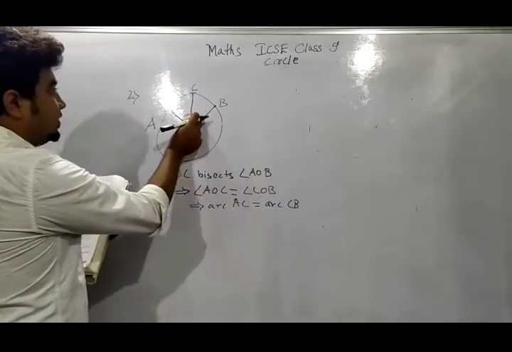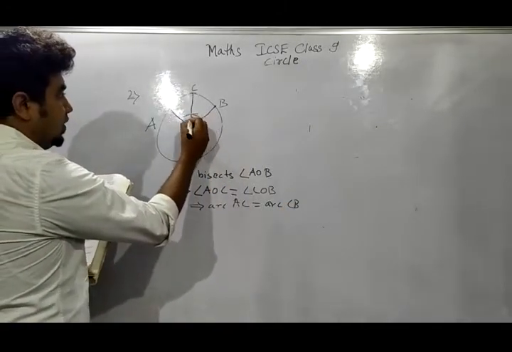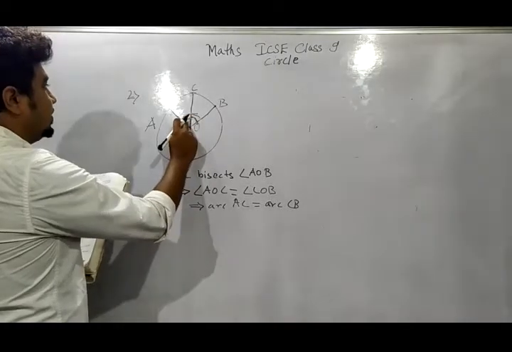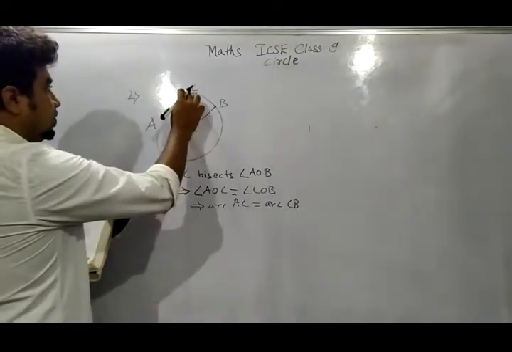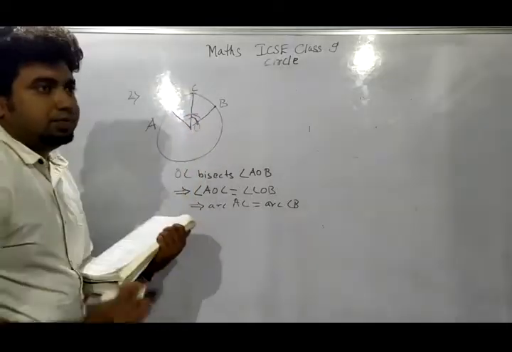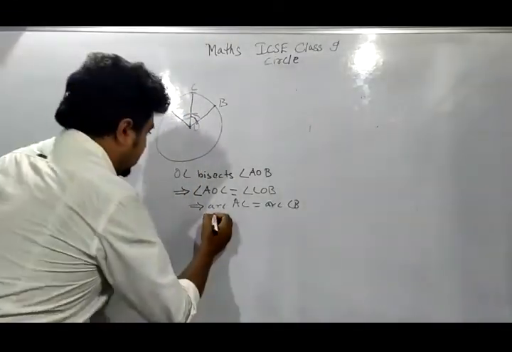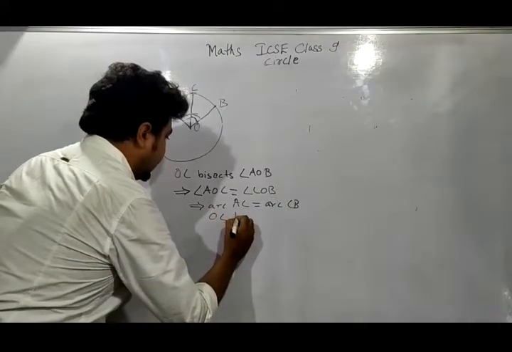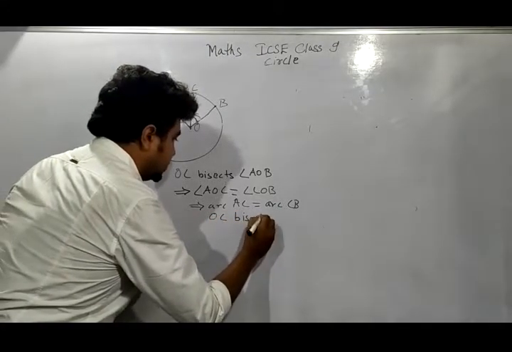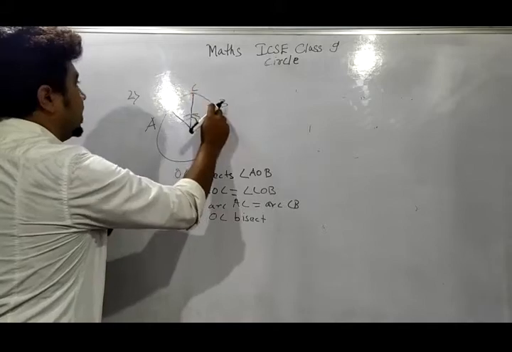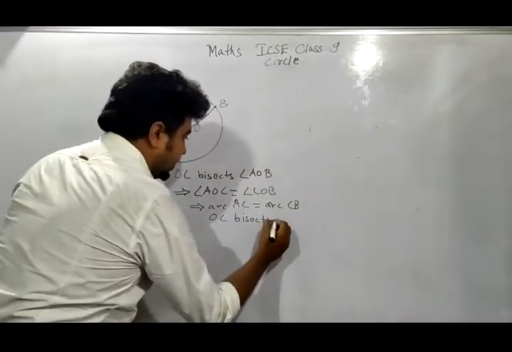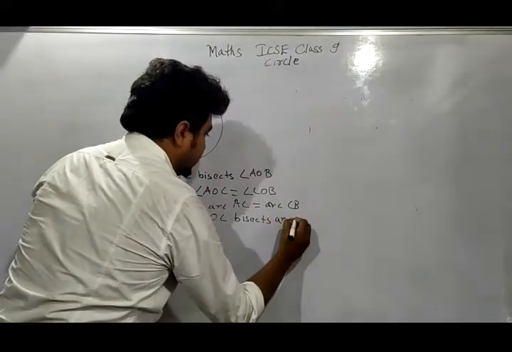If these two angles are equal, this angle and this angle are equal, so this arc and this arc will be equal. Then from here I can say that OC bisects this entire arc AB.